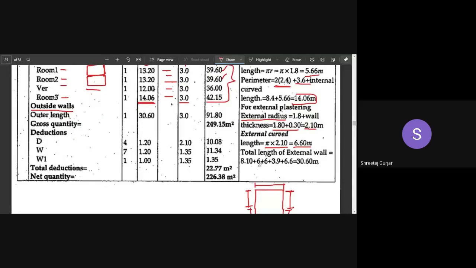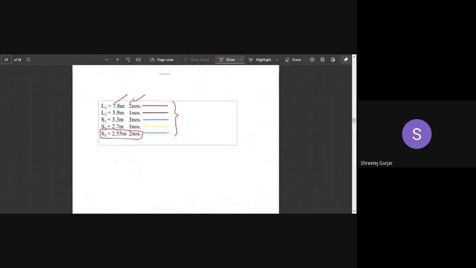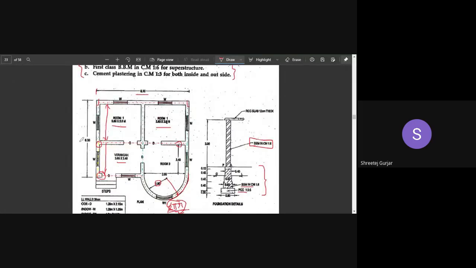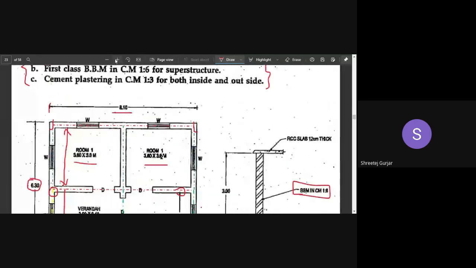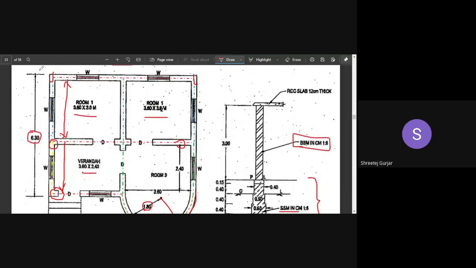The out plan length they have given is 8.1. Let me scroll up. That is the width of my plan, 6.3, which they have given here. Let me zoom in. So this is 8.1 out, then this is 6.3, into 2, because it is one over here and one over here.